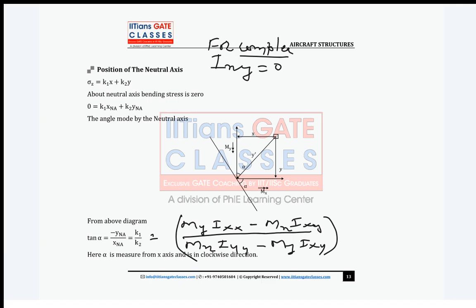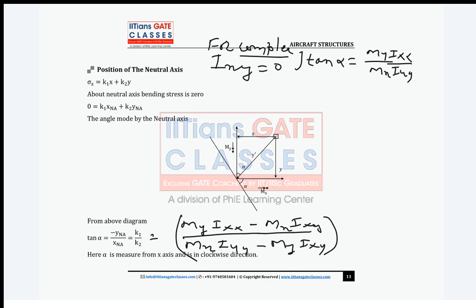So when Ixy is 0, what will be tan alpha? Can anybody tell? Tan alpha will be what, guys? It will be My into Ixx upon Mx into Iyy.